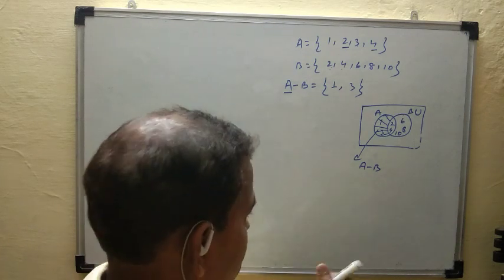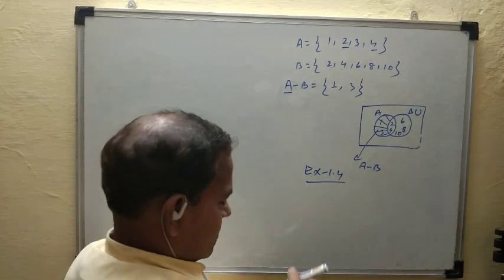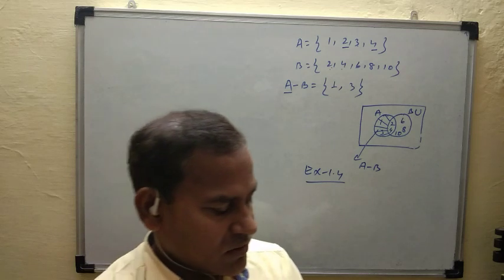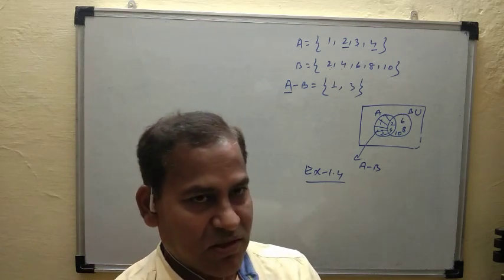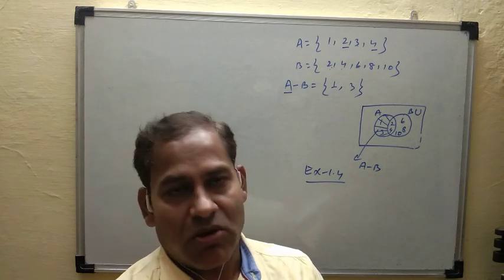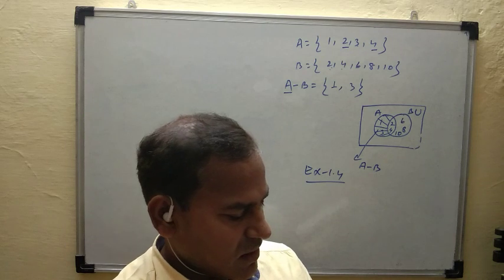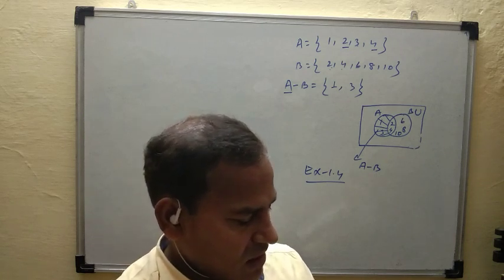Okay, so next, Exercise 1.4. Exercise 1.4 is: find the union of each of the following sets. Union means combine all elements. You can simply find the union. Find A union B, that is, find the union of X given and Y given.